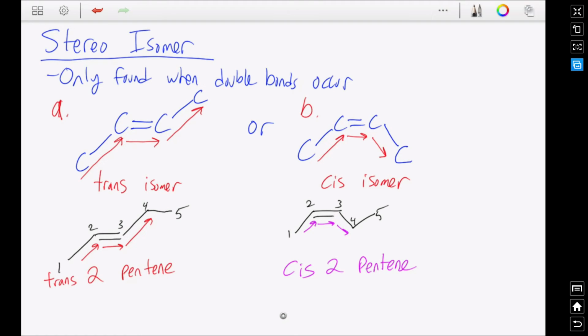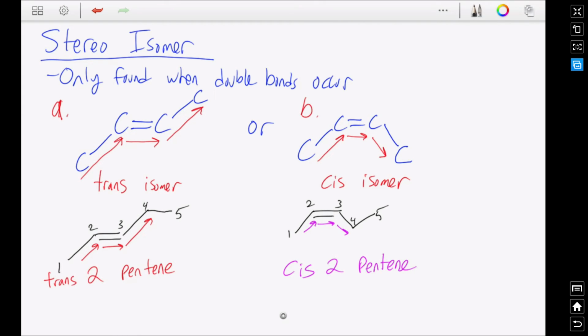Okay, and they do have slightly different properties from each other. Not nearly as different as the structural isomers we saw previously, but they will be slightly different.